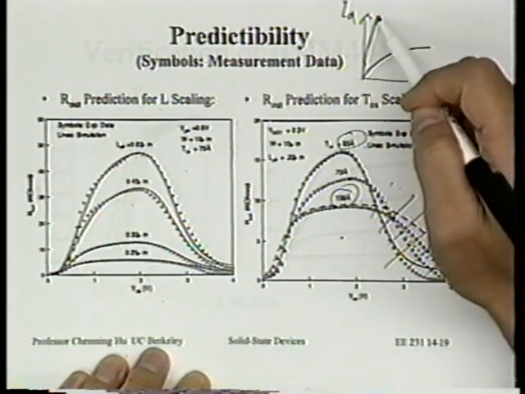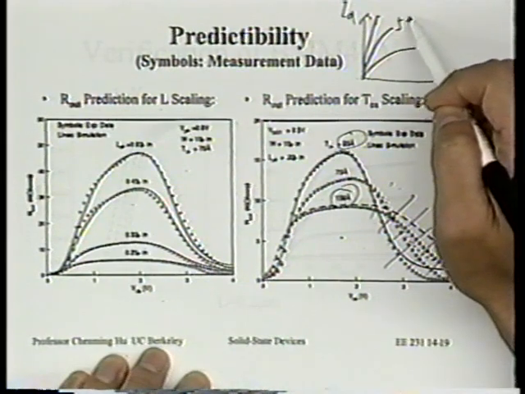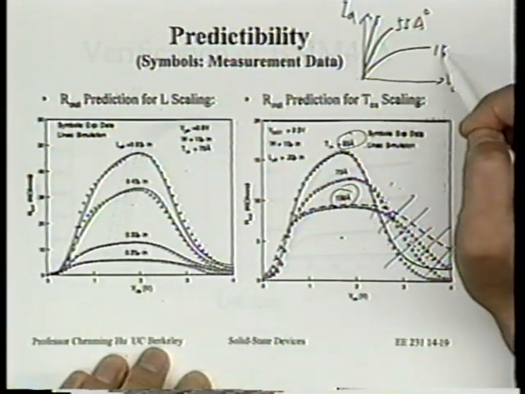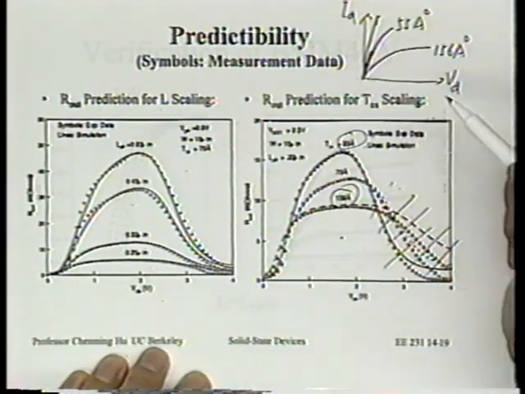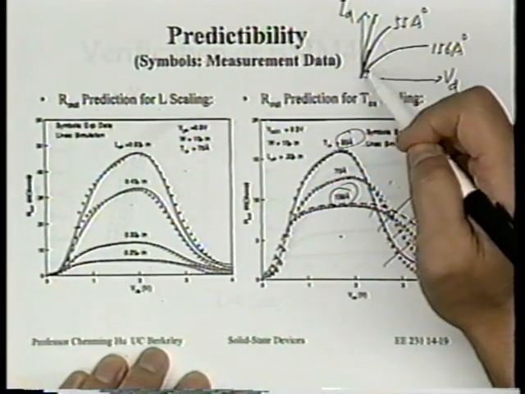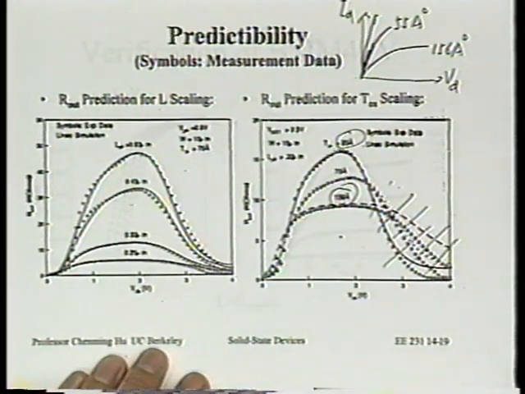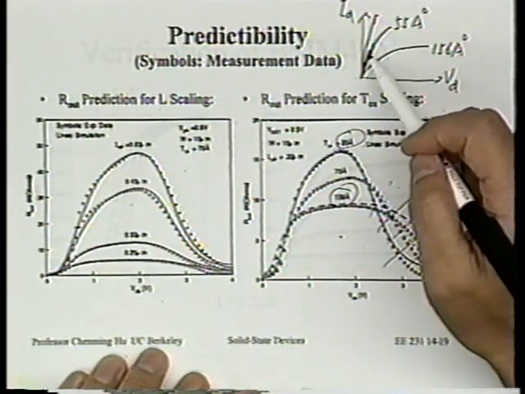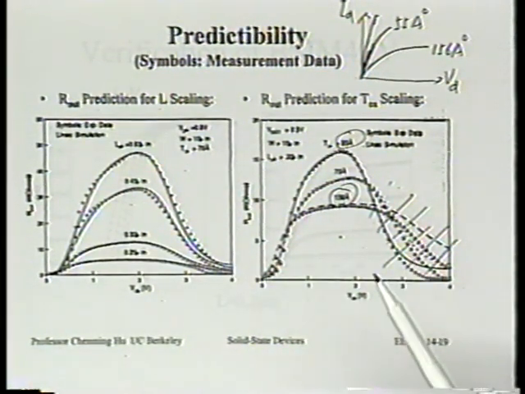I'm exaggerating. I'm sorry. Doesn't the thin oxide give you a larger current? This is 55 angstrom. This is 156 angstrom. Isn't thin oxide expected to give you more current? More current meaning larger slope. Larger slope meaning smaller R out, right? R out is nothing but the inverse of the slope. That's all we're seeing here, nothing special.